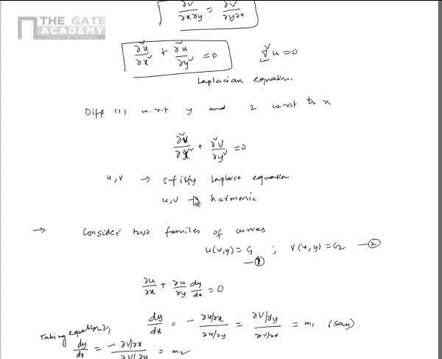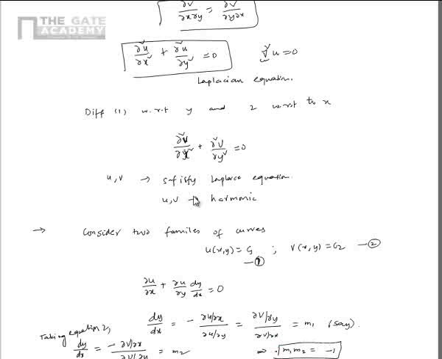Taking equation 2, I got m2. Now if you multiply these two, m1 m2, it is minus 1.